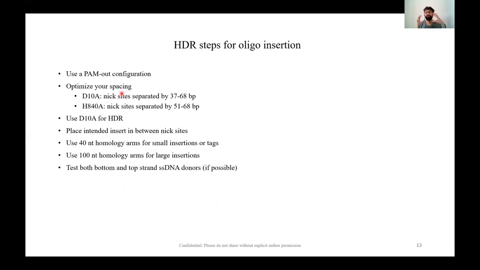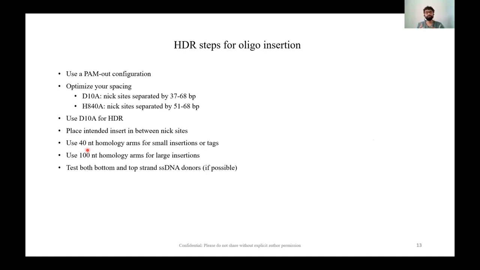Now, if you want to use it for oligo insertion, you will have to follow a few more steps. Apart from the basic PAM out configuration, and I would go again for RuvC D10A, you have to place your homology arms in a 40 to 100 base pair range, right?